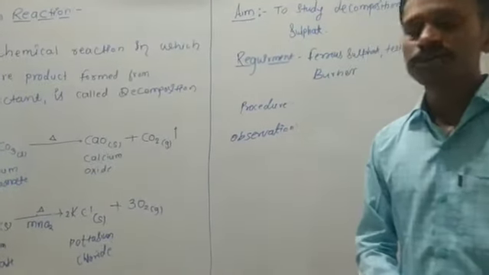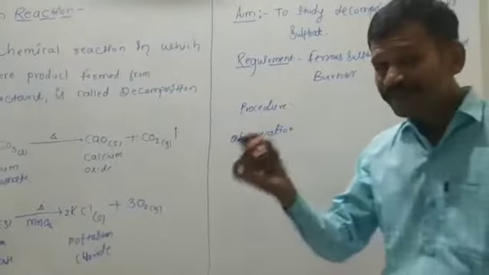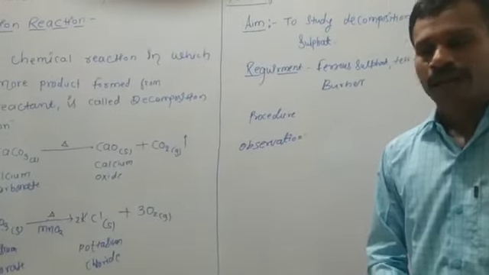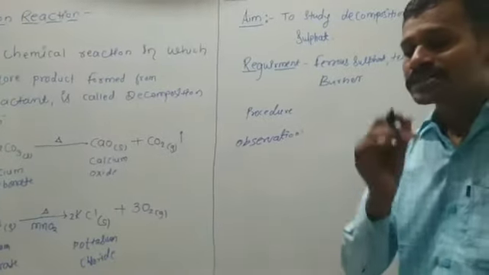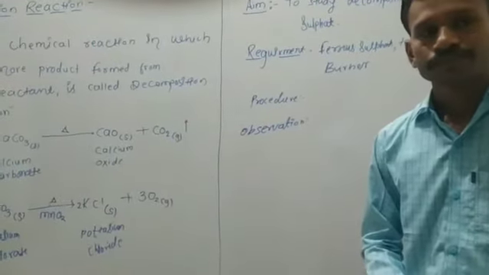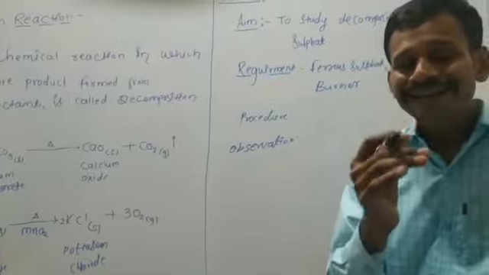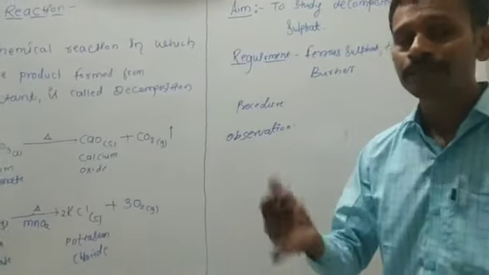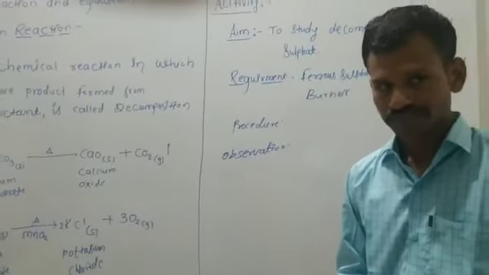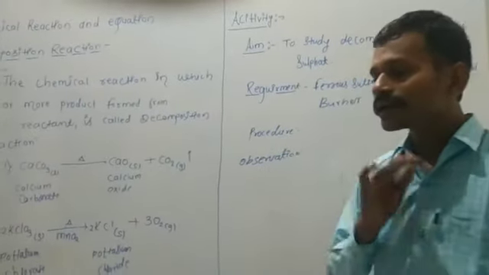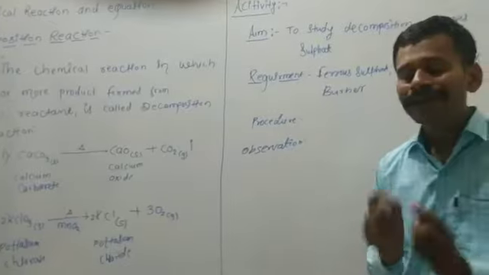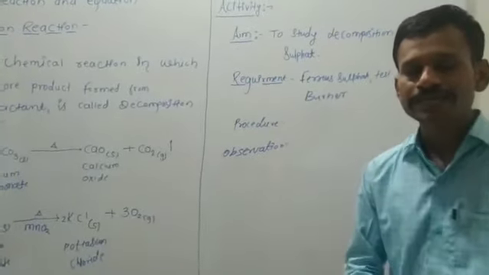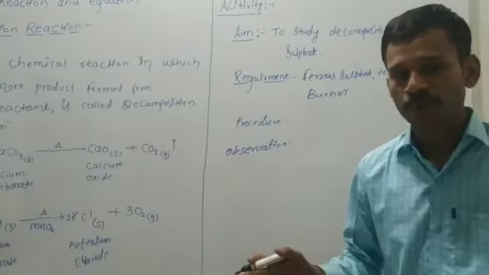In that observation, ferrous sulfate crystal is taken. Actually, ferrous sulfate, which is green in color, is a hydrated ferrous sulfate crystal. It is green in color, and when it is heated, it loses its hydrated form.